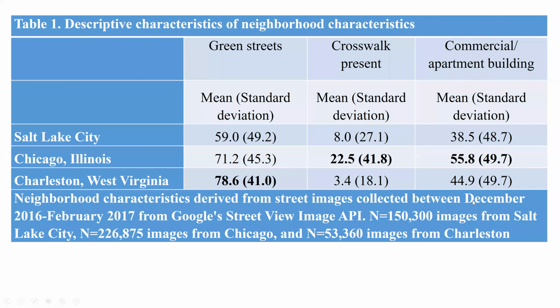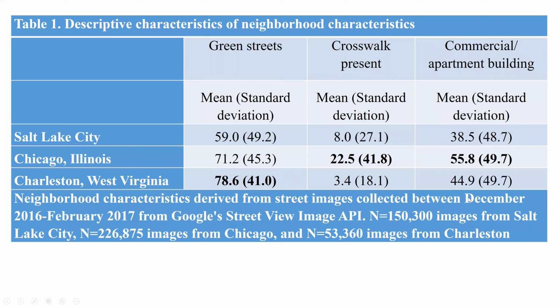So across the 3 cities, we had characteristics that differ. Charleston was the most green, as you can expect, it being the most rural. Chicago had the most crosswalks, and commercial buildings were also most prevalent in Chicago.